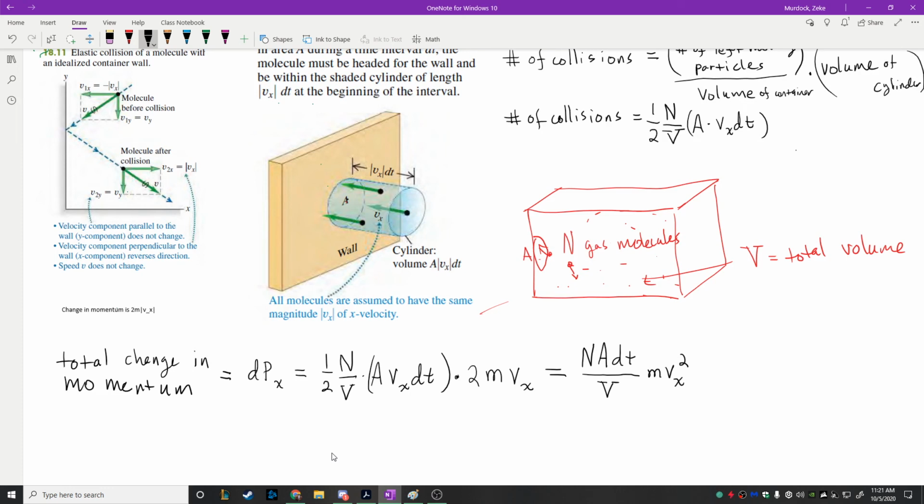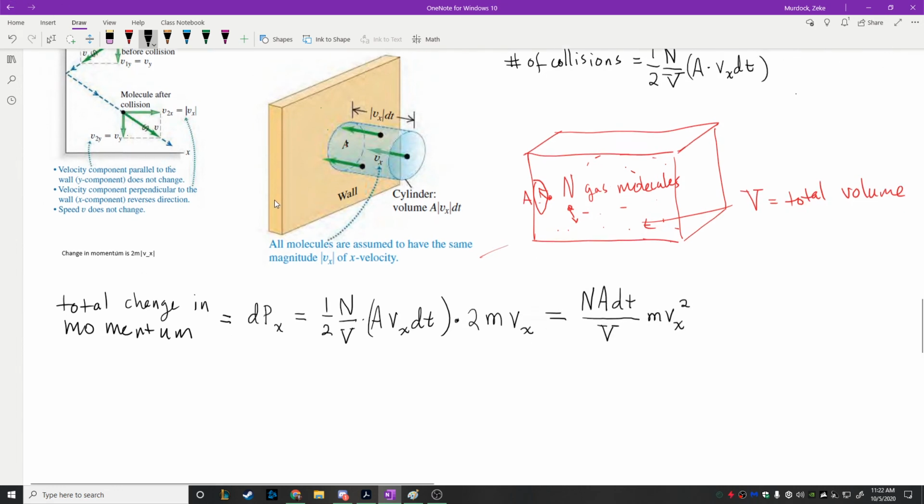Now this is the total change in momentum of all the particles that undergo this bouncing process. They go in here, they bounce off, go in here, they bounce off. A whole bunch of particles do that, and when we sum up all of the changes in momentum, this is what we get.